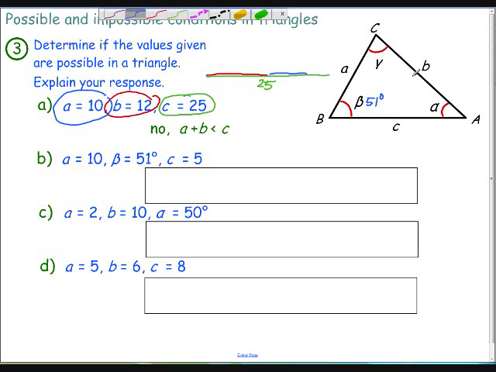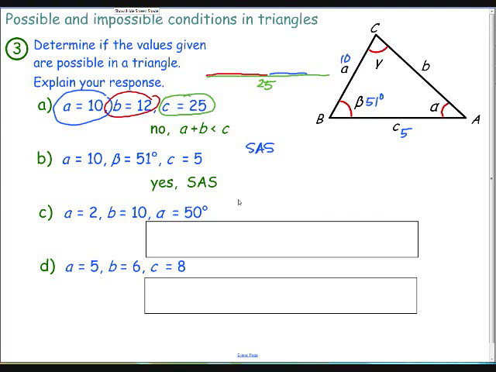The side opposite we don't know, but we do have A, which is 10, and C, which is 5. So what is the situation we have here? It's side, angle, side. How does that work out? Just fine.